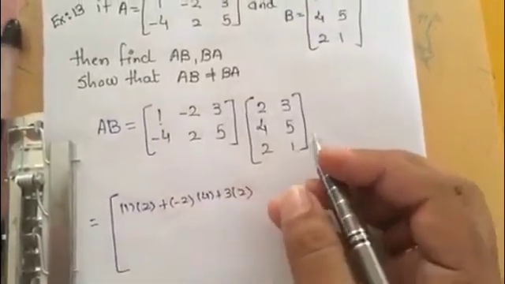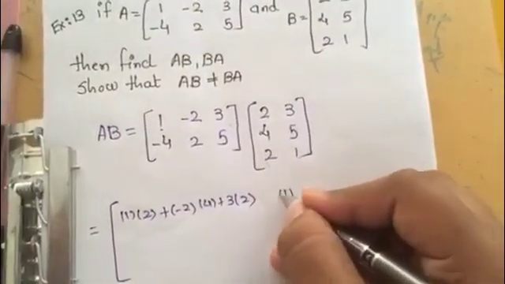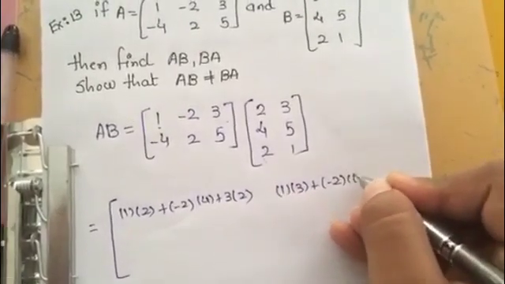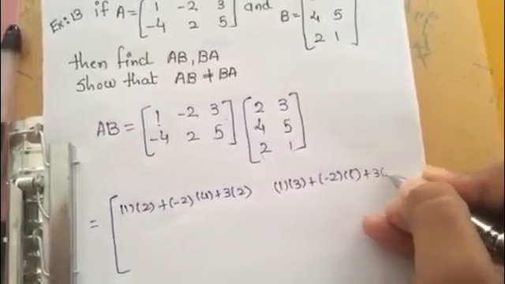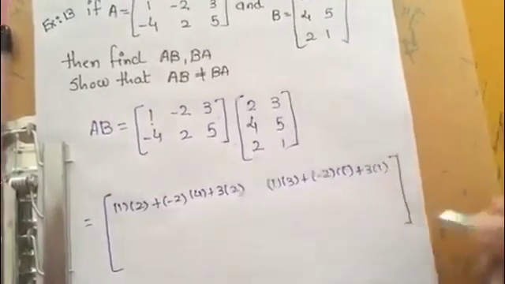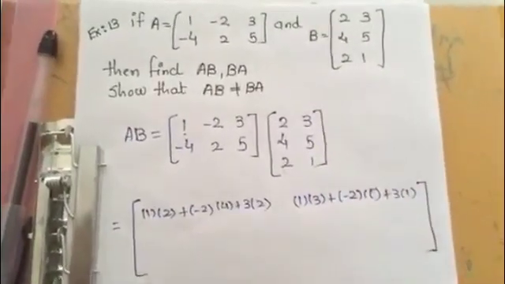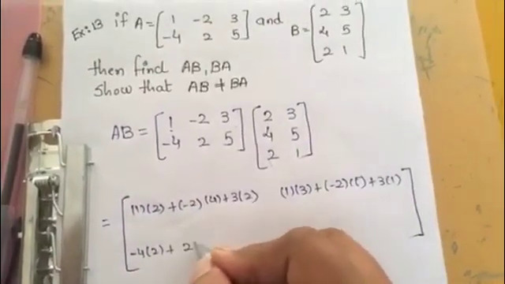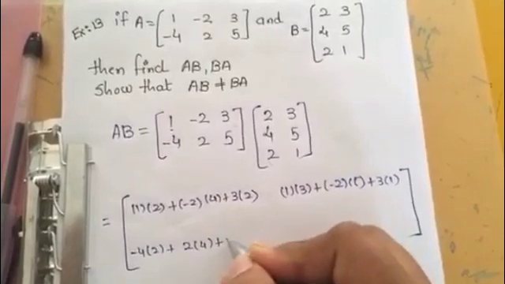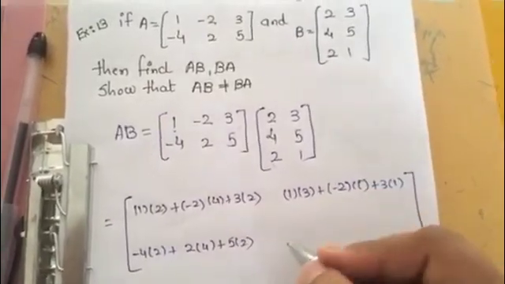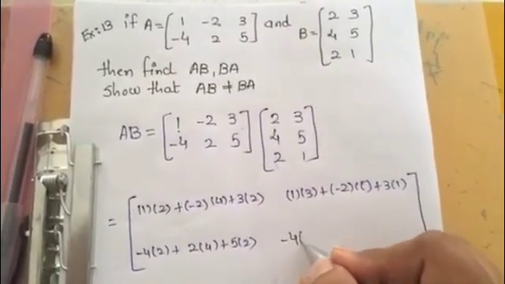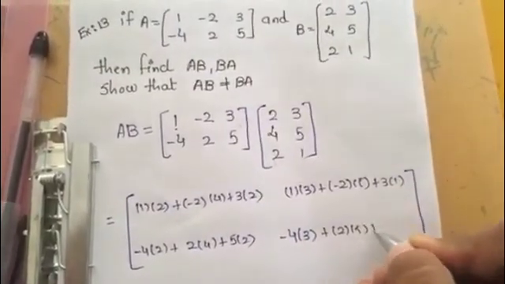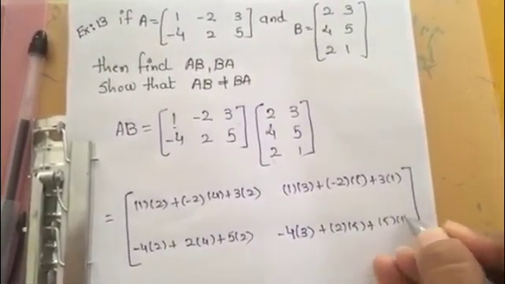First row, second column: 1 into 3 plus -2 into 5 plus 3 into 1. Second row: -4 into 2 plus 2 into 4 plus 5 into 2. Second row, second column: 4 into 3 plus 2 into 5 plus 5 into 1.